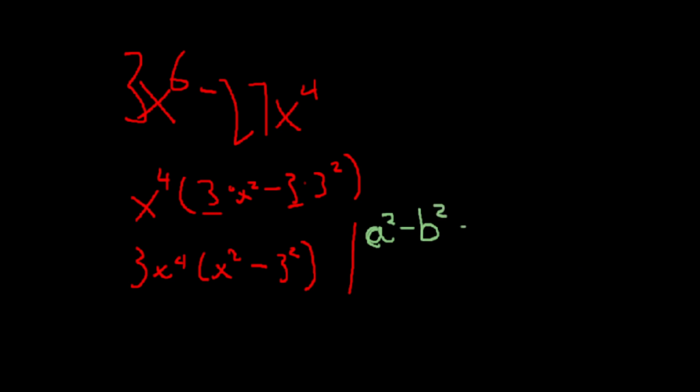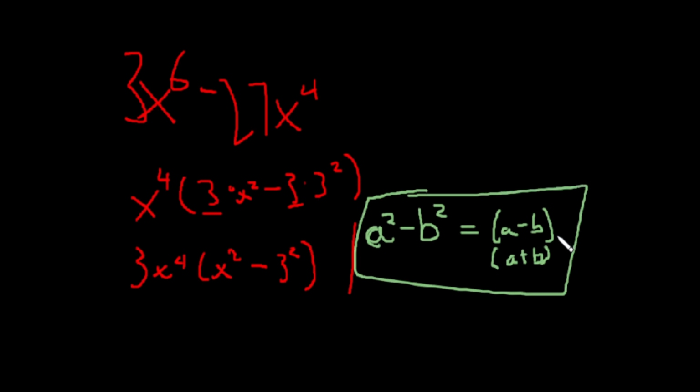You know what that's equal to? It's equal to a minus b times a plus b. Well, I'm not explaining how this was even found, but just remember this will always work, because normally when you multiply parentheses like this, you usually get a squared plus 2ab plus b squared.